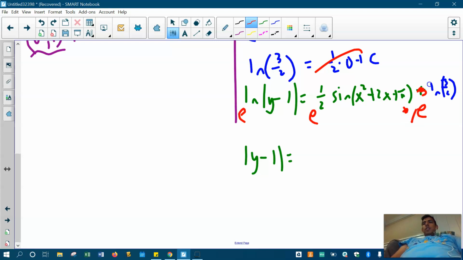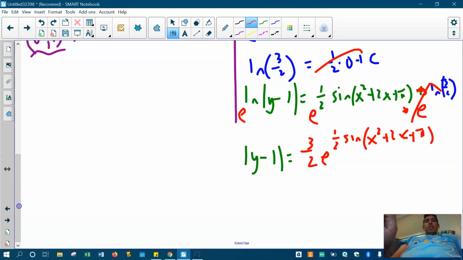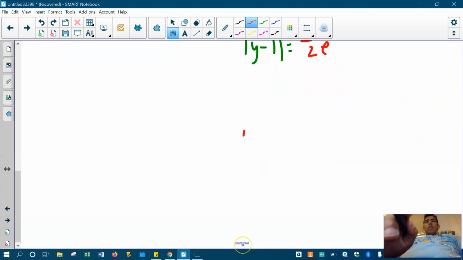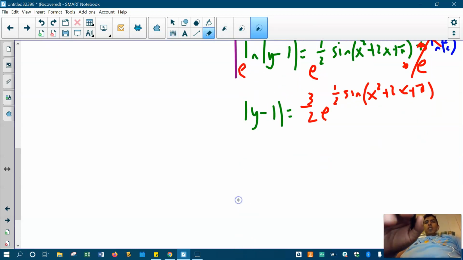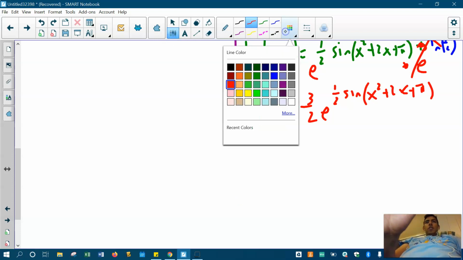And the reason we do that is e to the natural log of 3 halves is 3 halves, so we have 3 halves e to the 1/2 sine of x squared plus 2x plus pi. Horrible looking one. Or is it beautiful? And then now we'll drop the absolute value, but put a plus minus JIC. JIC is just in case, if you didn't know that.